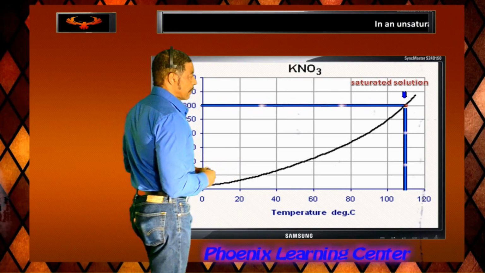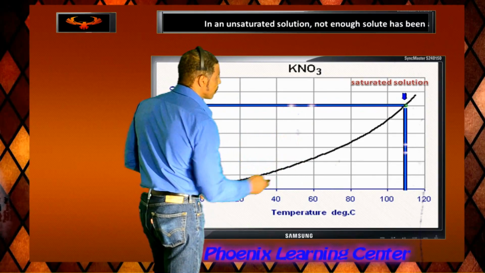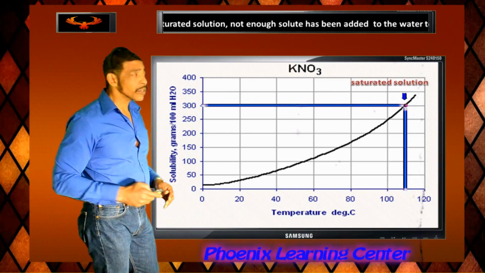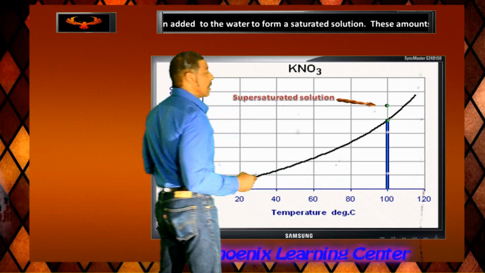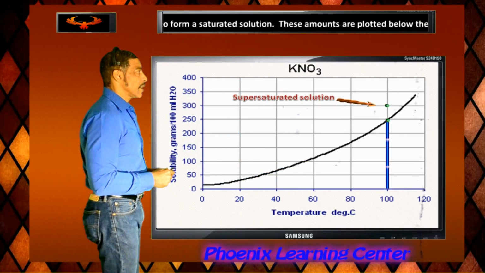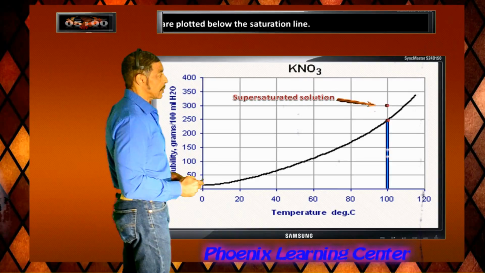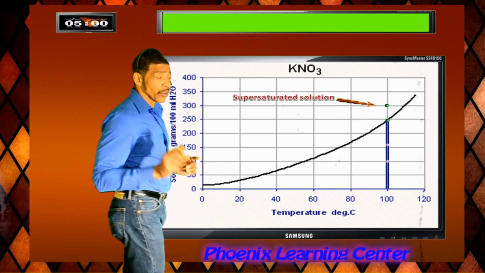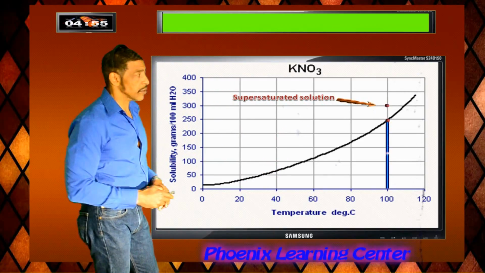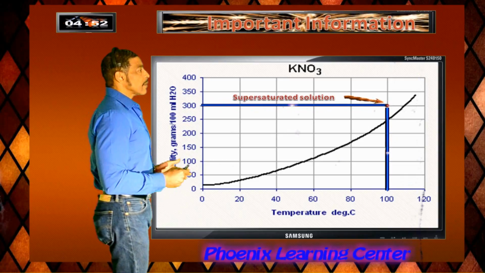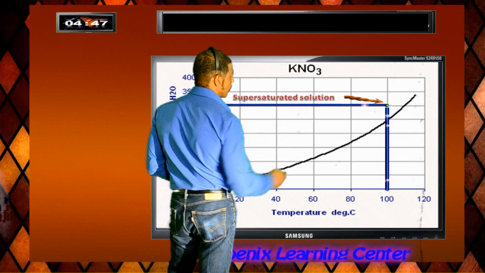In this example, if 300 grams of KNO3 is dissolved at 110 degrees Celsius to form a saturated solution, and then slowly cooled to 100 degrees Celsius, the original 300 grams may remain suspended at 100 degrees Celsius, creating a supersaturated solution, although according to the graph, only 250 grams of this salt should be dissolved. The point for a supersaturated solution is always written above the saturation curve.